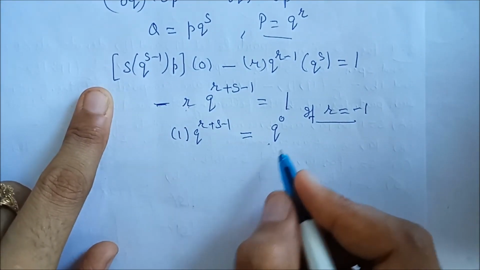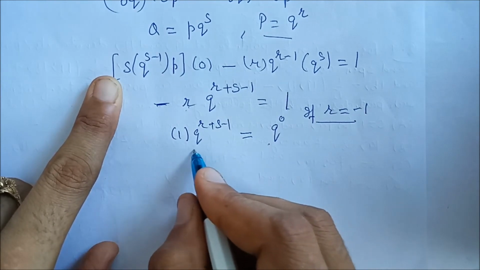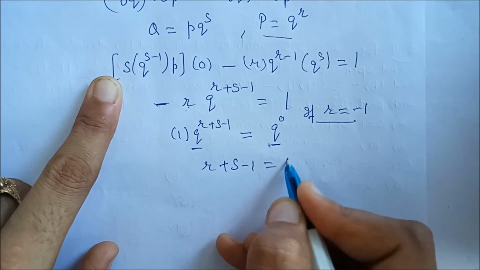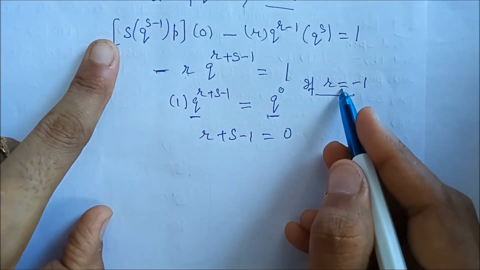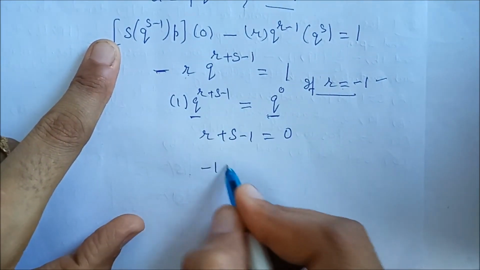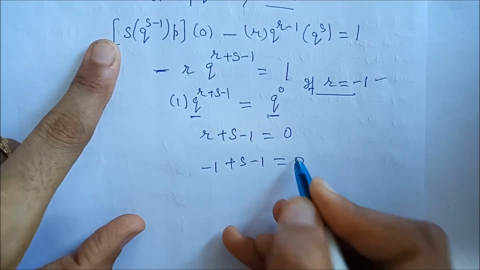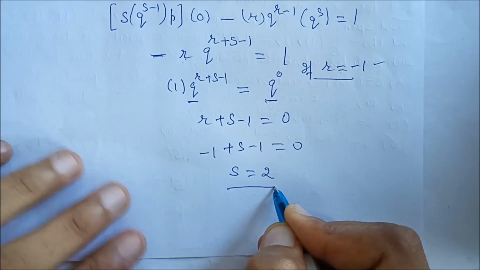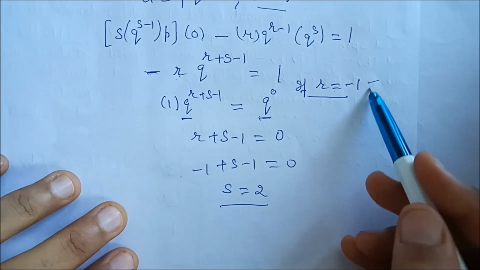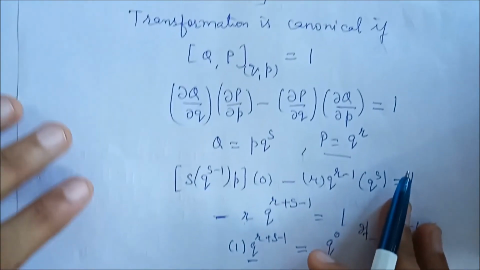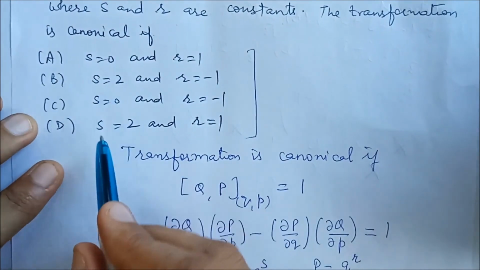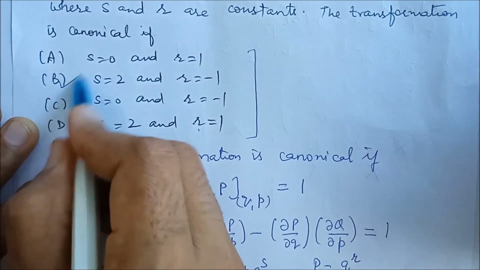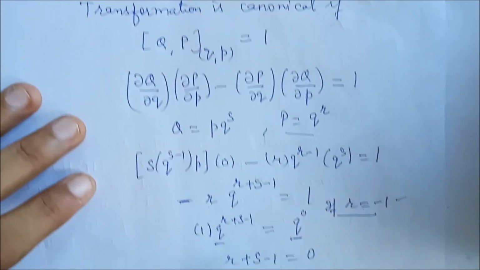Now you can easily find that the bases are equal, so r plus s minus 1 equals 0. Now we have r equal to minus 1, so minus 1 plus s minus 1 is equal to 0. So we have s equal to 2. So here the answer is r equal to minus 1, s equal to 2. So the correct answer is s 2, r minus 1, B. So B is the correct answer.